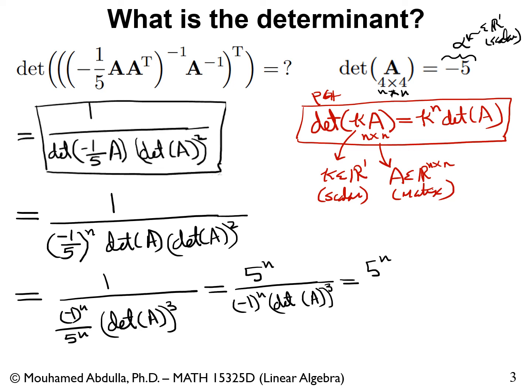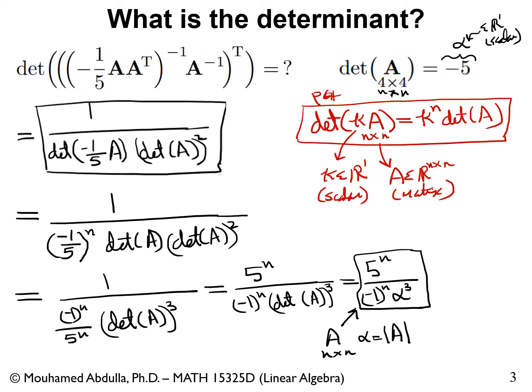So 5 to the power n over minus 1 to the power n alpha cubed. So this is really our final result, where n comes from the dimensions of the matrix and alpha is equal to the determinant of the matrix.